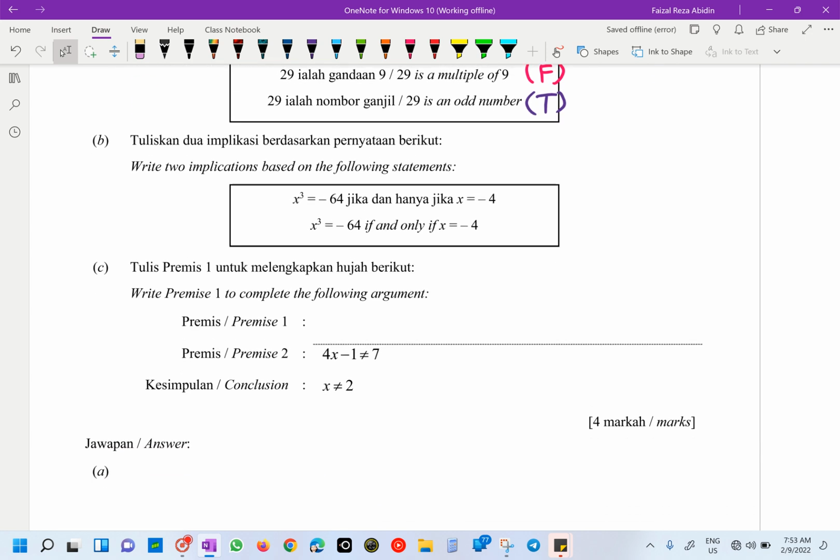So you have to write everything there, which means for A here, 29 is a multiple of 9. Okay, in SPM saya beritahu siap-siap for logical reasoning ni, even though I can say it's going to be an easy question.